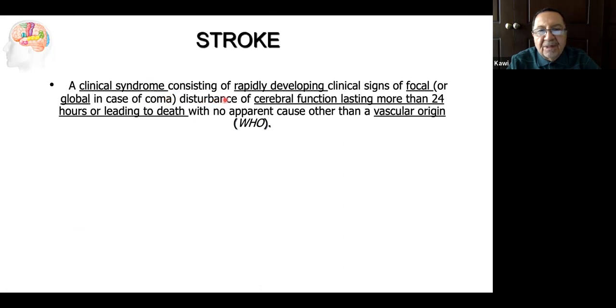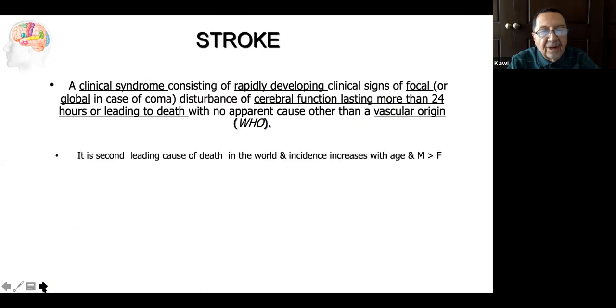The disturbance of cerebral function lasts more than 24 hours, and it may lead to death with no apparent cause other than a vascular origin. This is the definition that is given by the World Health Organization for stroke. It is the second leading cause of death in the world, and the incidence increases with age, and it is more in males than in females.